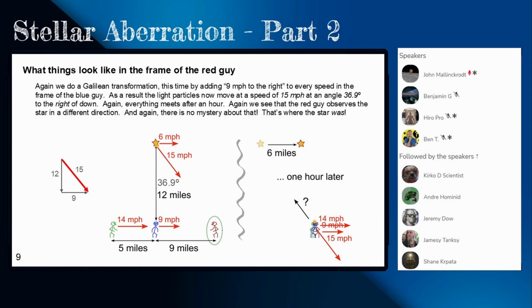But for the red guy, the light he is seeing now actually came from the star less than an hour ago, because for him it has to travel less than that 15 miles, since when it was emitted from the star, it was closer to him than it is now.